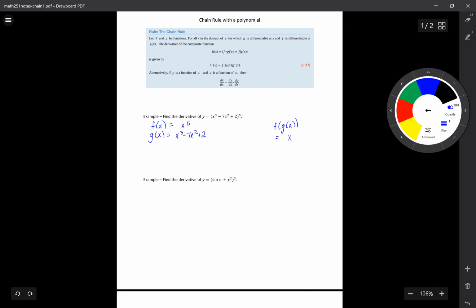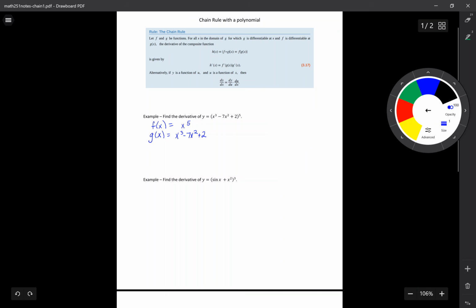So f of x is x to the power of 5, but since I'm taking f of g of x, I replace this x with the whole function g of x. So this will look like x cubed minus 7x squared plus 2, to the power of 5, which is my original function. So I am good to go. We just checked our work to make sure that we had the correct inner and outer function.